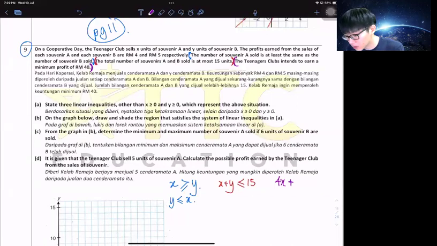How many B here? Y units of B, so Y times 5, 5Y. Then about the 40 ringgit, now try to figure this part out. Minimum. You try first, then I explain and see whether you are thinking of the same thing or not. Minimum. 最少, paling kurang or sekurangnya.